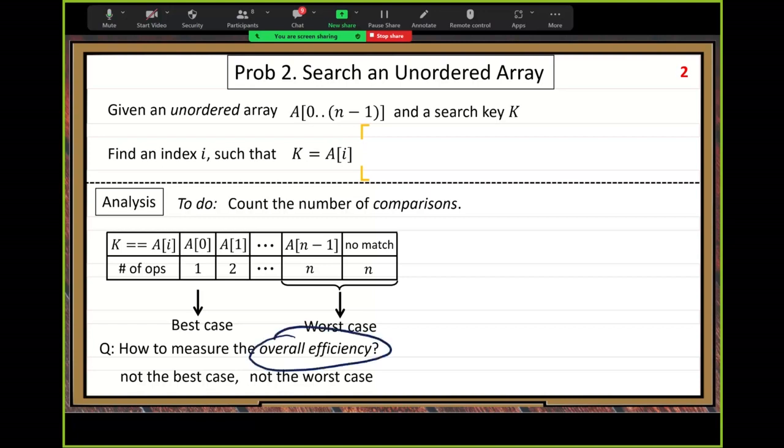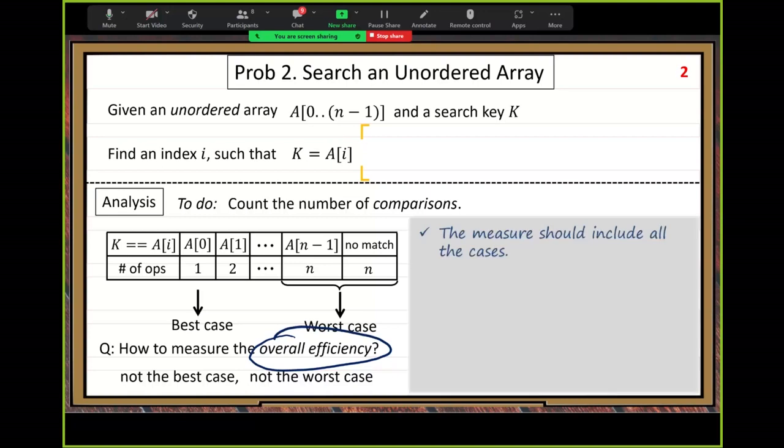I want to spend some time explaining this overall efficiency. The measure should include all the cases. Your overall efficiency should cover all the cases. You cannot miss any case if you want to talk about the overall efficiency. All the cases must be included in the measure for the overall efficiency.